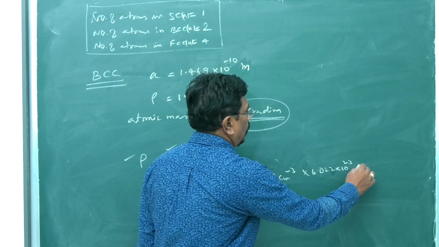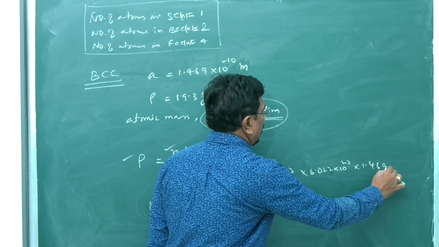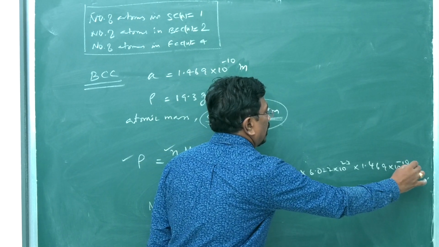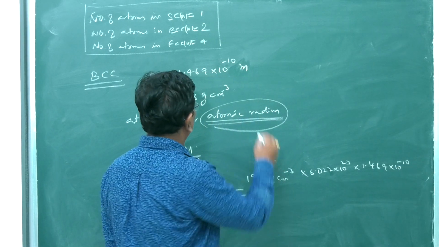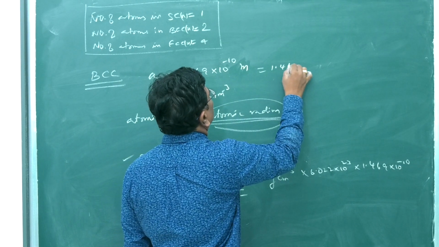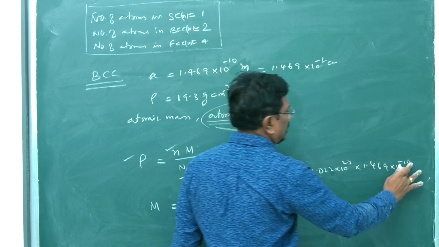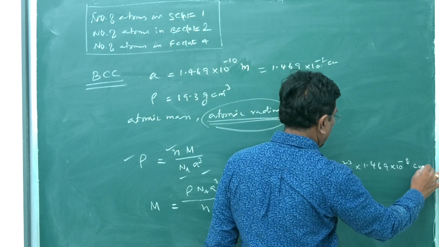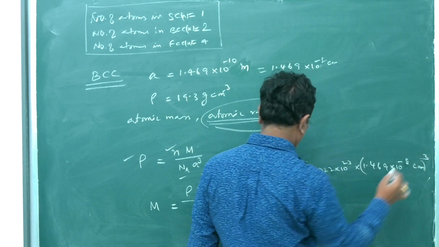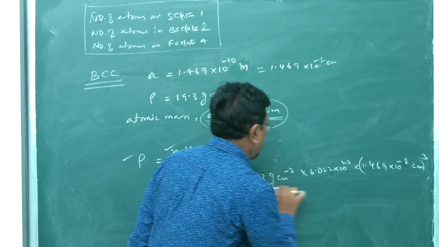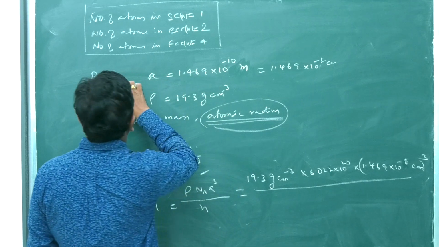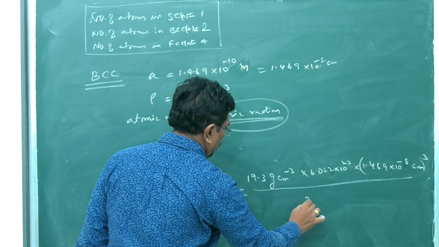Edge length 1.469 into 10 power minus 10 meter. If it is converted into centimeter, 1.469 into 10 power minus 8 centimeter whole cube, because a cube, divided by number of atoms in BCC, which is 2.